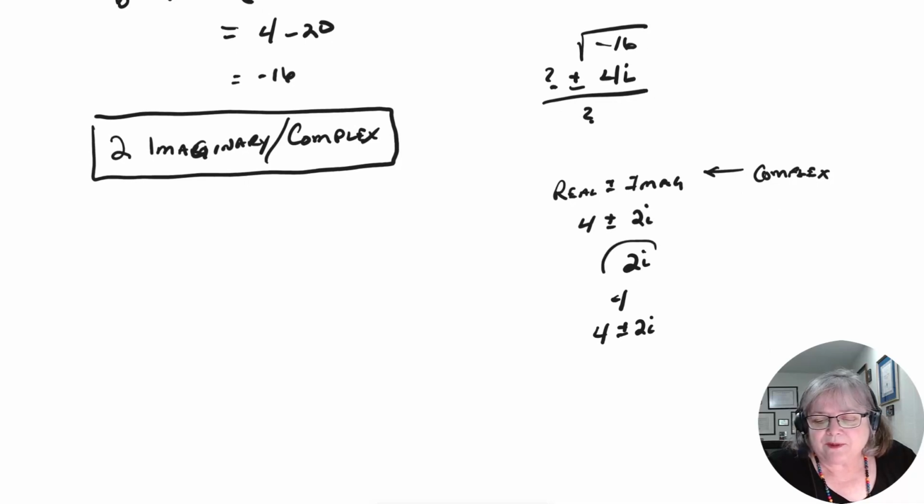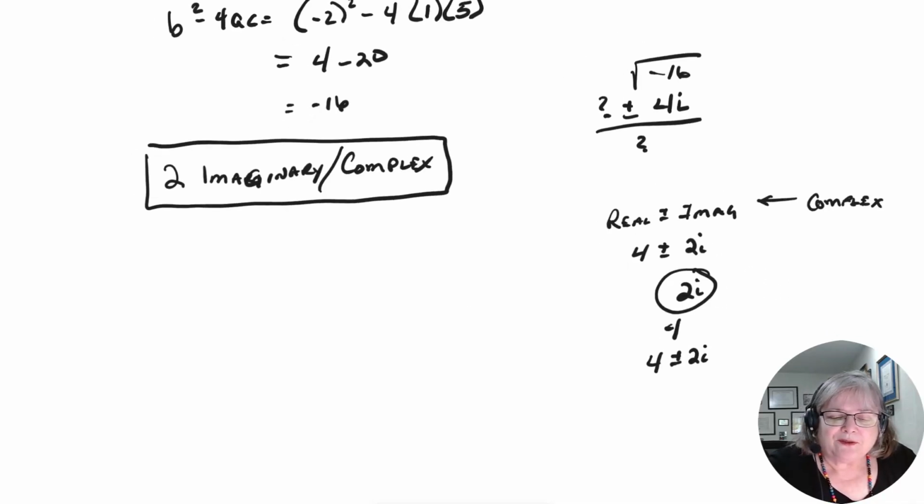Now, this one is still complex because you could think of it as 0 reals and 2 i's, or you could think of this as 4 reals and no i's. So you can make any number be complex in format. So some teachers are really sensitive about whether you're saying complex or imaginary, okay?